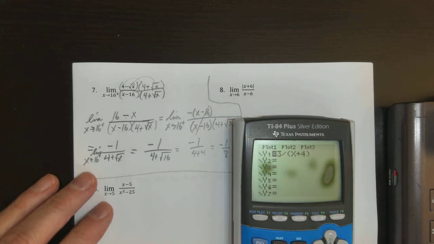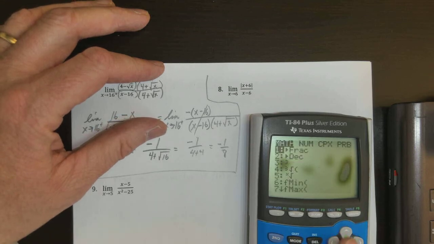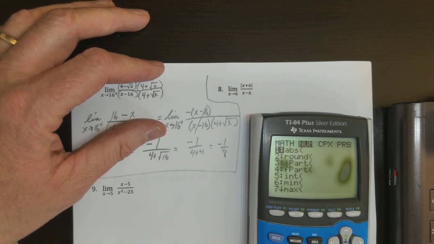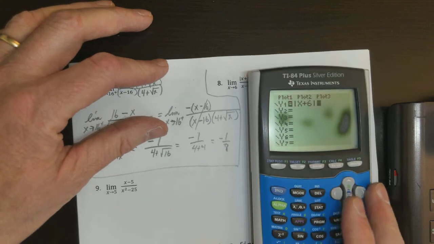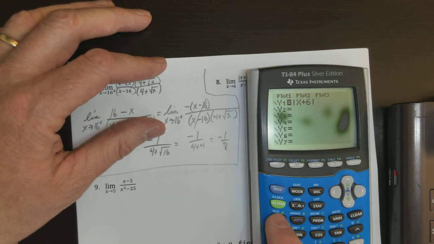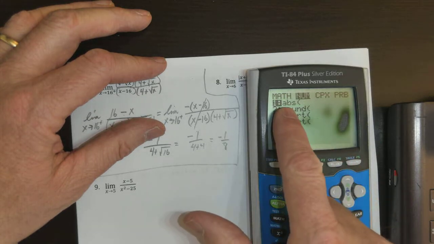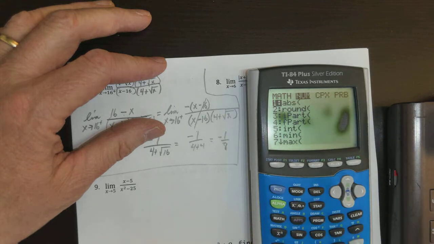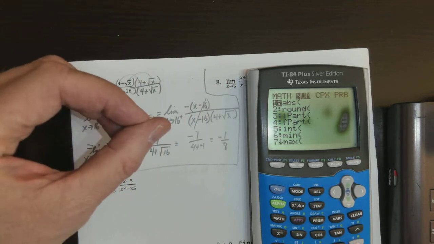Y equals, let me clear this one out, absolute value, that's in math, num, ABS, absolute value, and then x plus 6. In case you wondered what I did there, I hit math, then I went over to num, and then hit 1 for the absolute value. Mine came up with the absolute value bars. Yours may not do that, but still ABS in parentheses is the same thing.